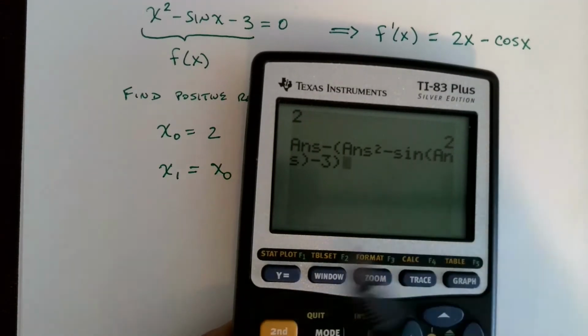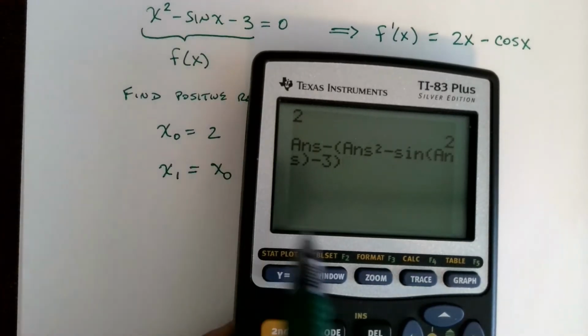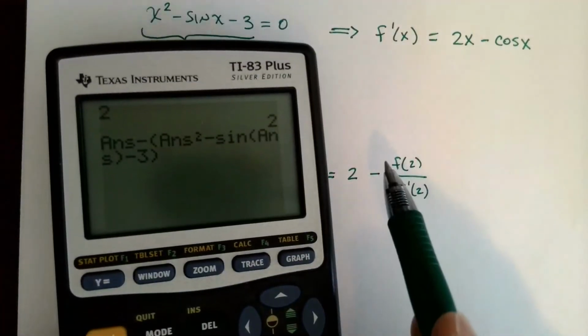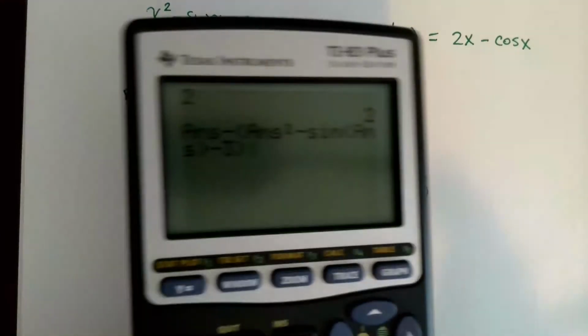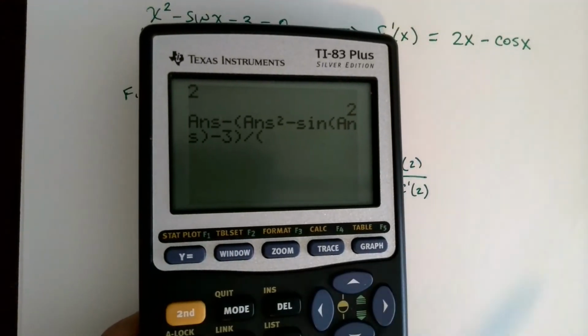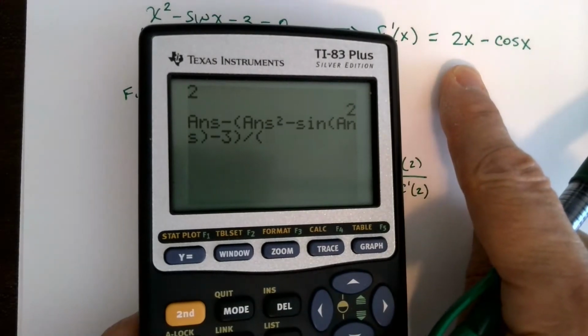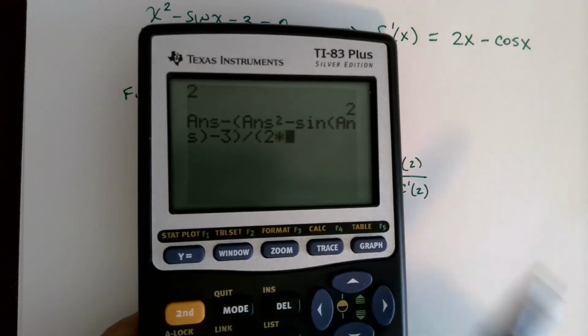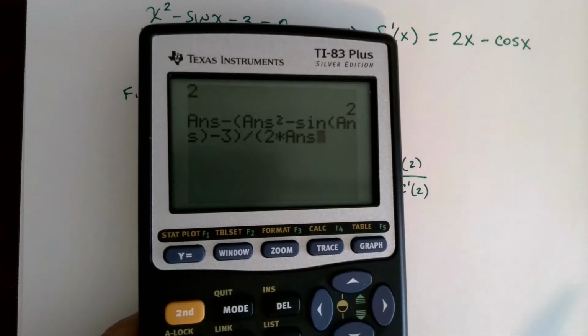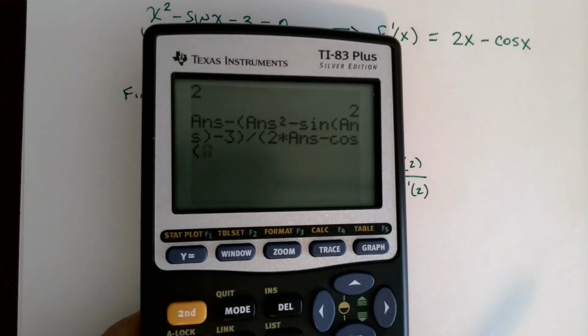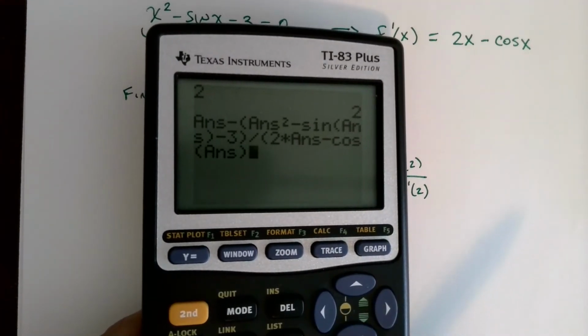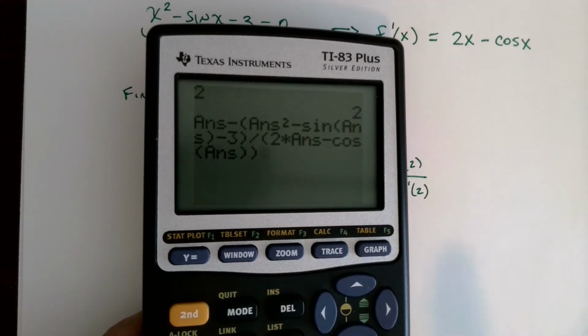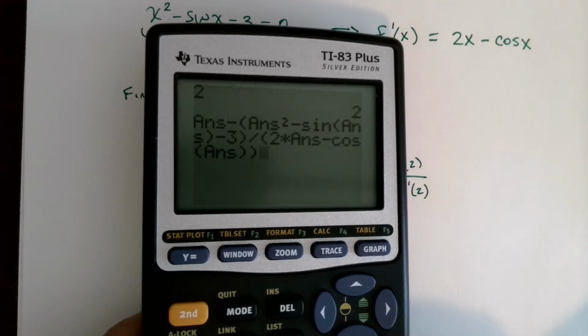So that's the numerator of the expression, f of 2, and then divided by, in parentheses, f prime of 2, replacing x with x of 0, or in the calculator with answer: 2 times the answer minus cosine of the answer. Close parentheses. And again, in the very beginning, I checked to make sure I'm in radian mode. Anytime you're dealing with a trig function, make sure you're in radian mode, or you're going to get incorrect results.